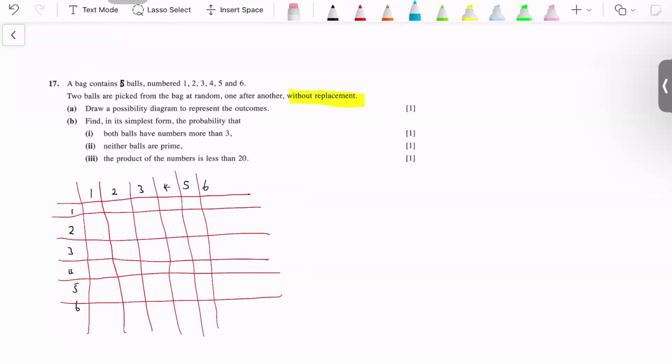Okay. So since it's without replacement, all the same numbers are being crossed out. The first and second ball being the same are being crossed out.